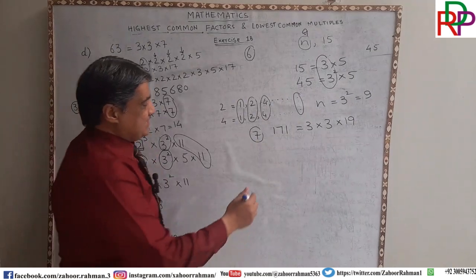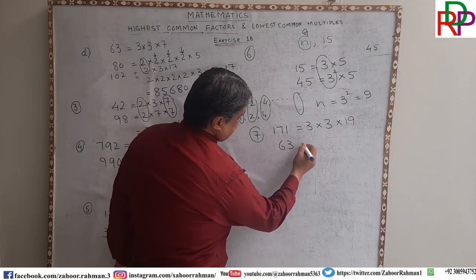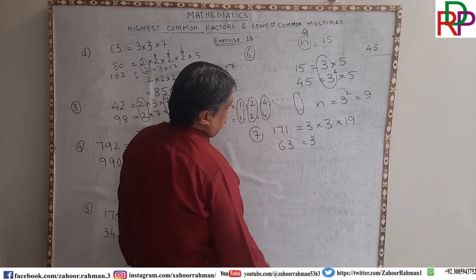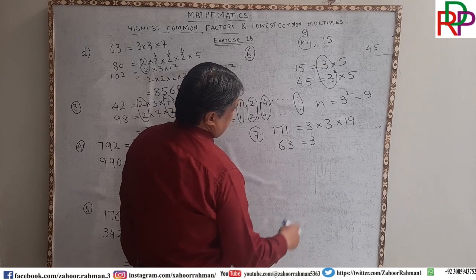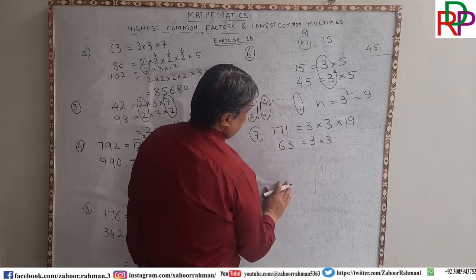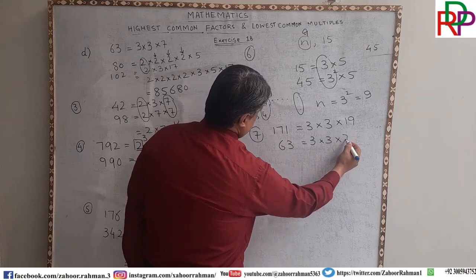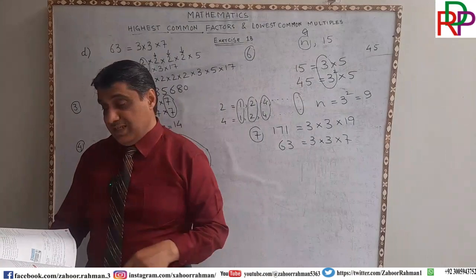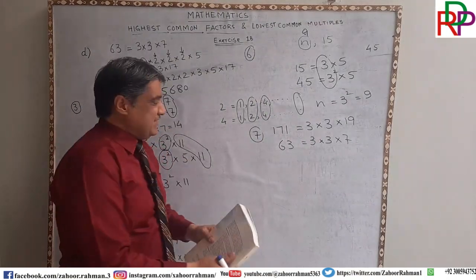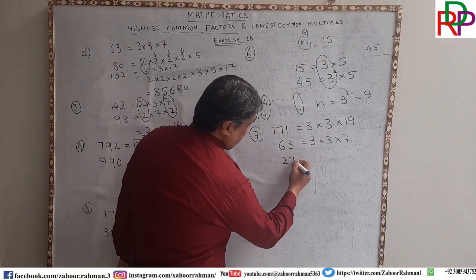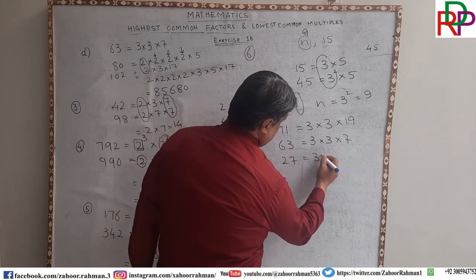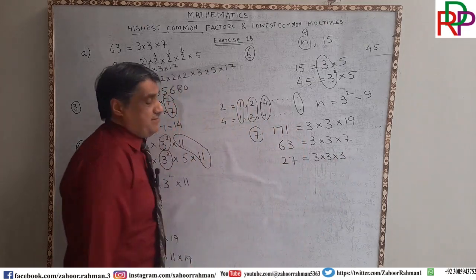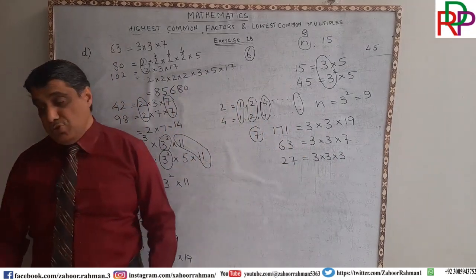Then 63, that is 3 into 3 into 7. Then there are 27 erasers. So for 27 erasers, 3 threes are 9 and 9 threes are 27, that is 3 raised to the power 2.